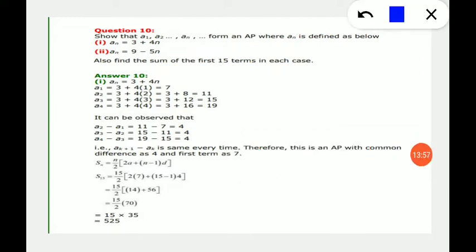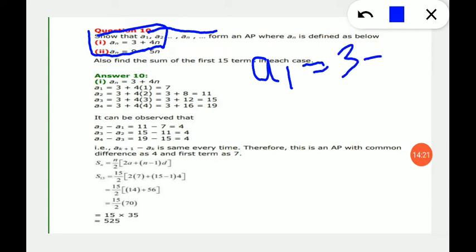The question says that show that A1, A2, A3 up to AN forms an AP and AN is defined by this. We will take the first part. AN is defined as 3 plus 4n. So here A1 is equal to 3 plus 4 into 1. So what will be this? 3 plus 4 into 1?